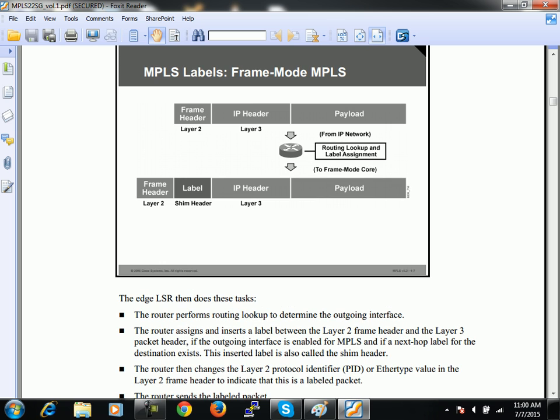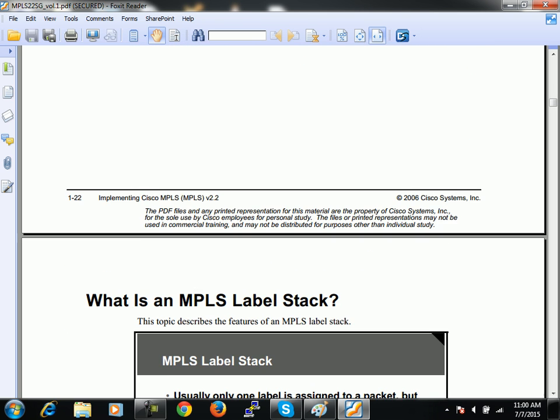And for MPLS, Ethernet's type field will also get changed, because this time Ethernet will not hand it over directly to IP. This time it has to hand it over to MPLS, so its protocol ID will also get changed.